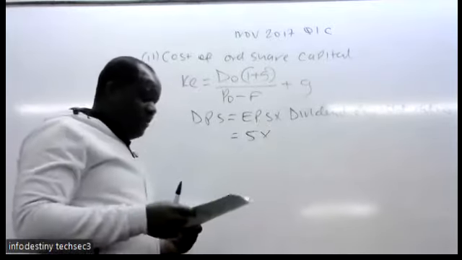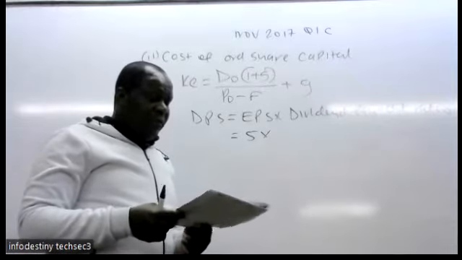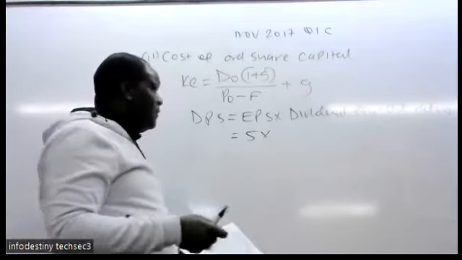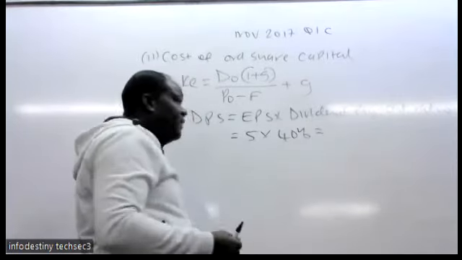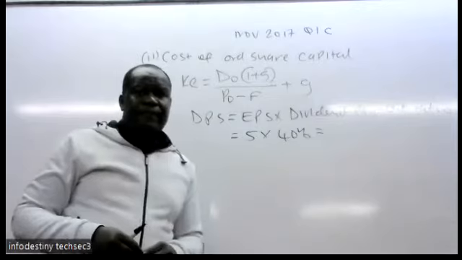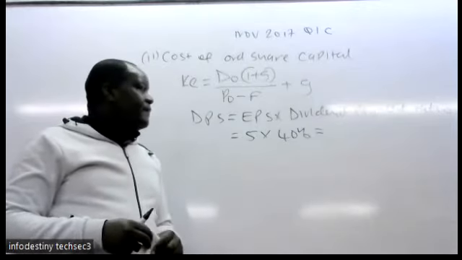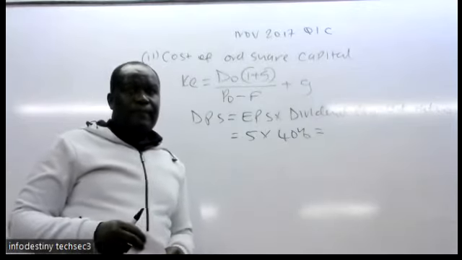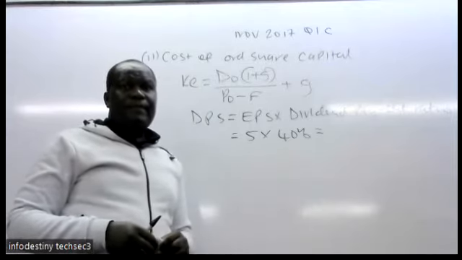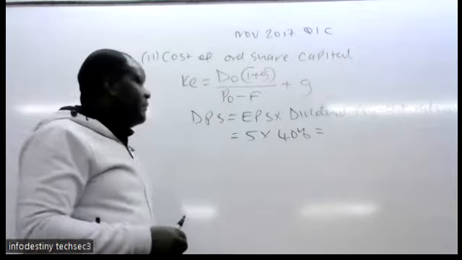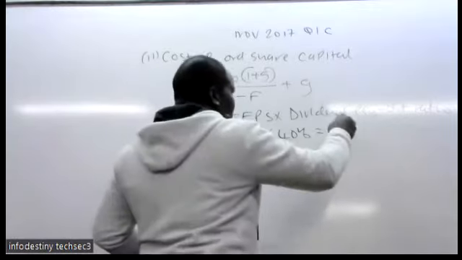The dividend payout ratio was given in note number 2 as 40%. So we get 40% of that value. So what should be the dividend per share? The dividend per share will be 2 shillings.